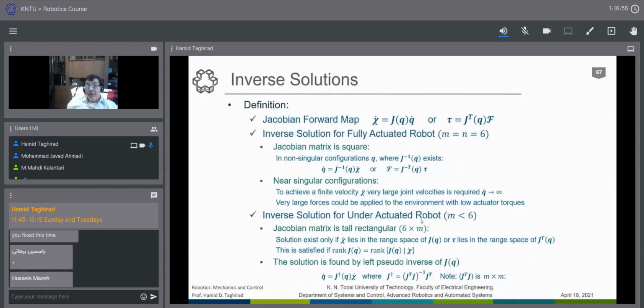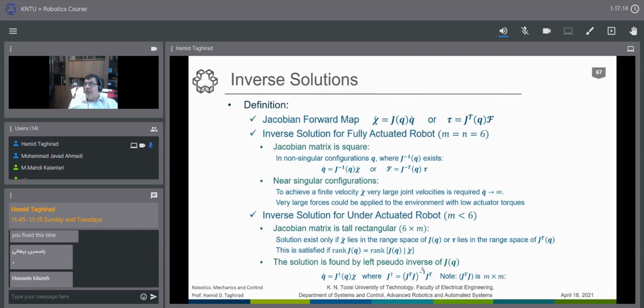Here, of course, it is much easier than the kinematic. The Jacobian inverse is easier, but you need to know some matrix manipulation and linear algebra. Look at in here.